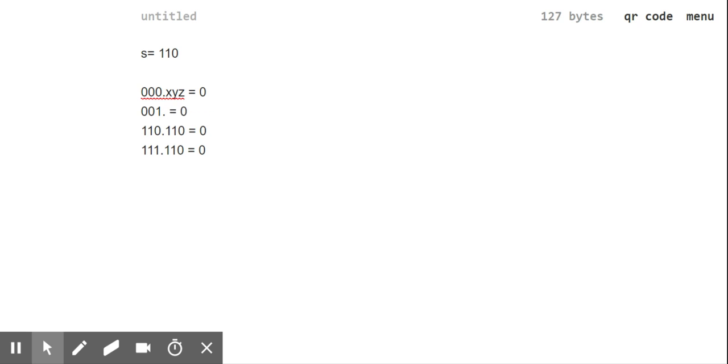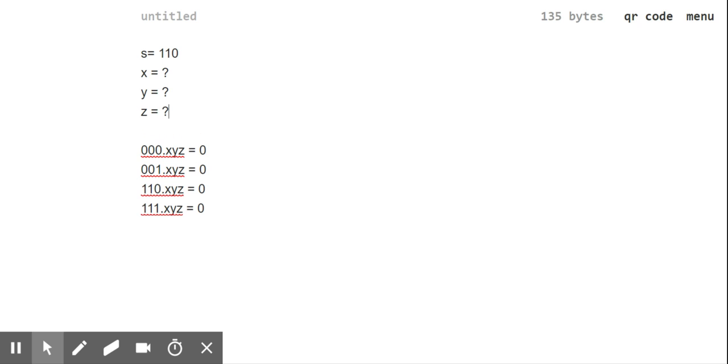Because you have x, y, z, x, y, z, and remember this is a secret, so in theory we don't know it, right? So we want to check what these things are, x, y, z, and that is hopefully going to be 110, because that's the secret string.